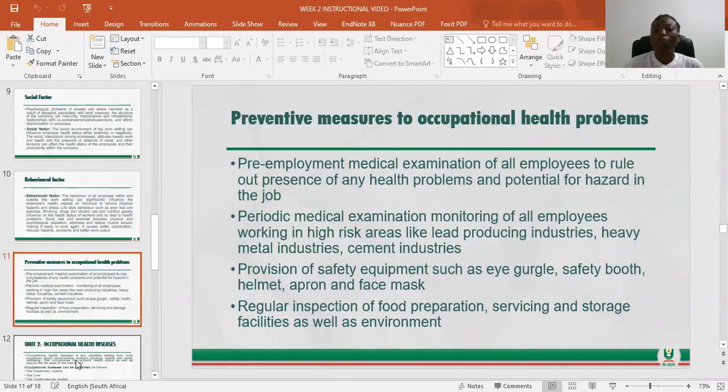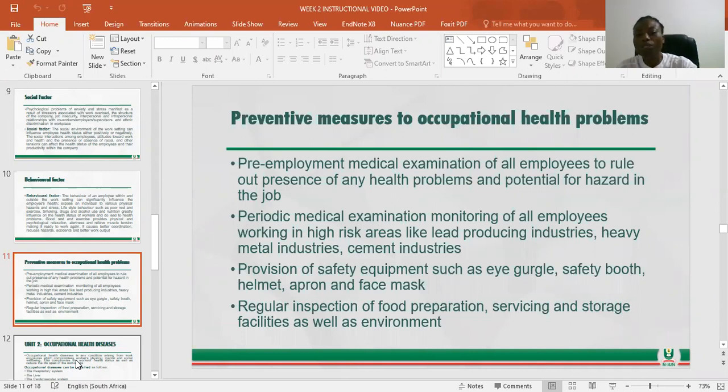So we've seen that pre-employment medical examination is very important. As a nurse, you want to have baseline data of the employees of the company you are working for, so as to be able to advise the management that the job description you want to give to this person will further affect this person's health, considering that this person has this underlying problem.